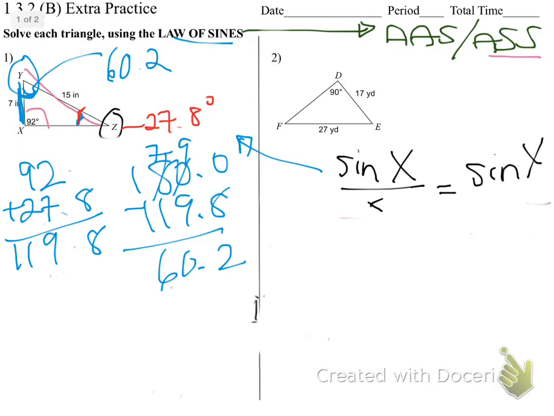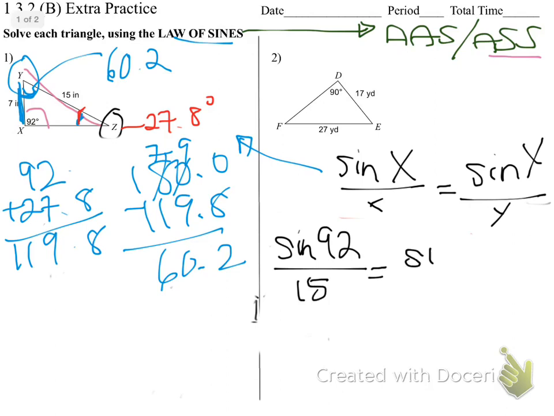Sine of 92 over 15 equals sine of 60.2 over y, because this missing side is y.